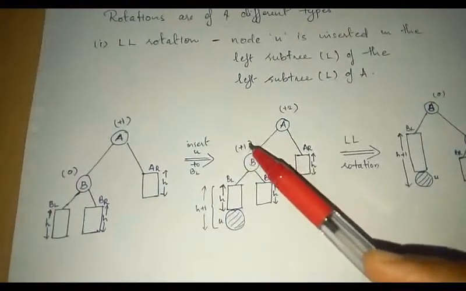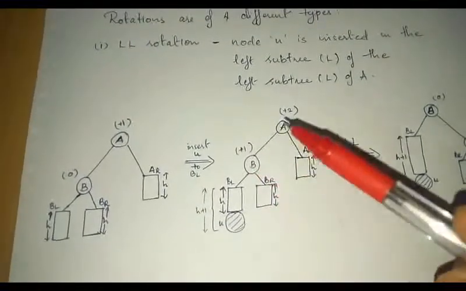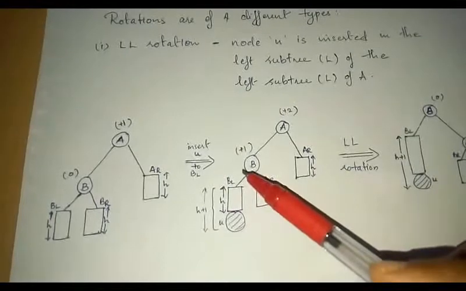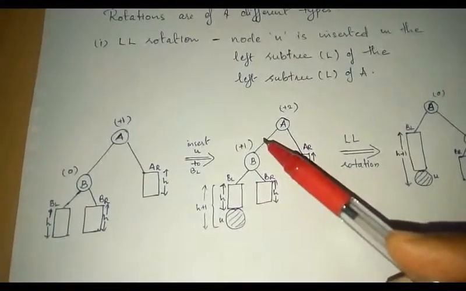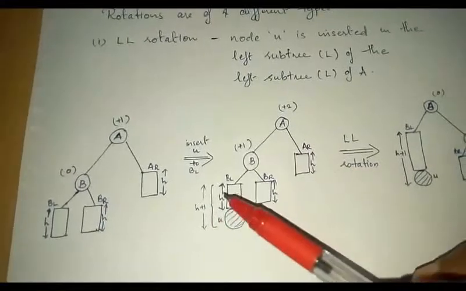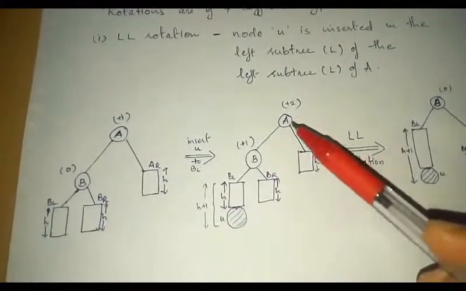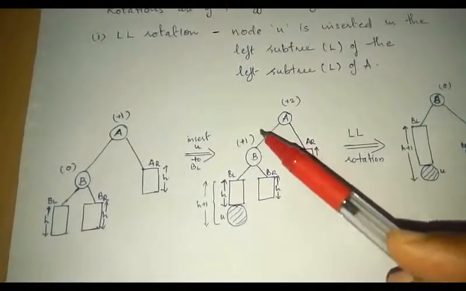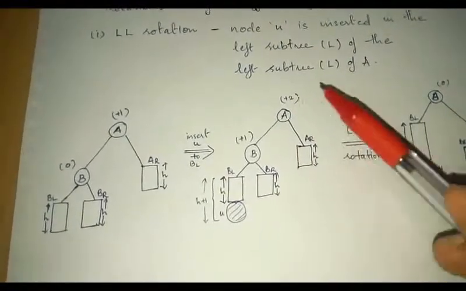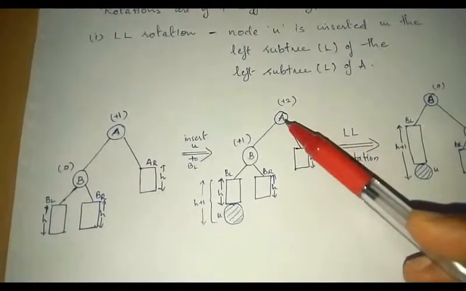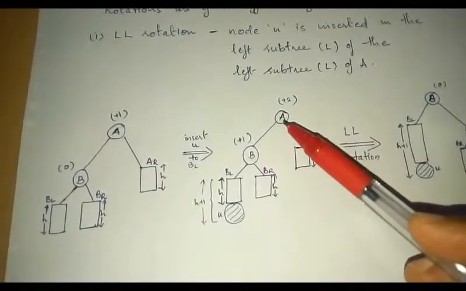And for A, the height of the left side has become H plus 2 and the height of the right side is H. That means H plus 2 minus H, which gives us 2. That is how we get 2 as the balancing factor of A.